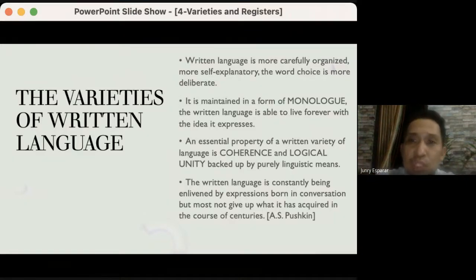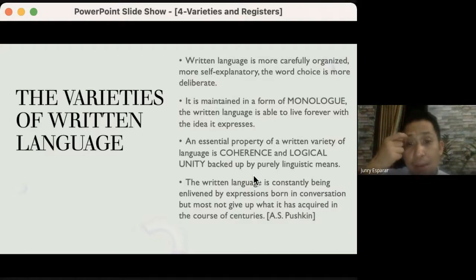Instead, they should complement each other in such a way that by reading all the statements in a paragraph, you would be able to understand the totality or the entirety of the statement. And logical unity means that every sentence in that paragraph should complement each other. There must be nothing in there that is out of context, because sometimes when we write, we put sentences that do not describe the paragraph itself.